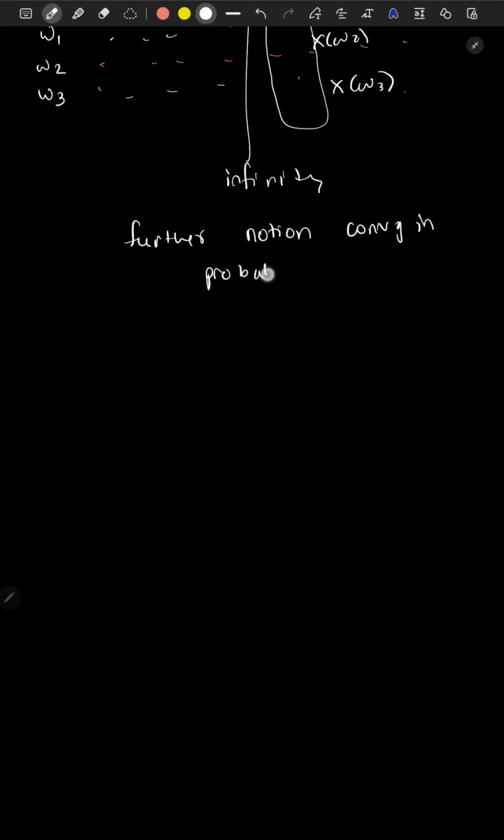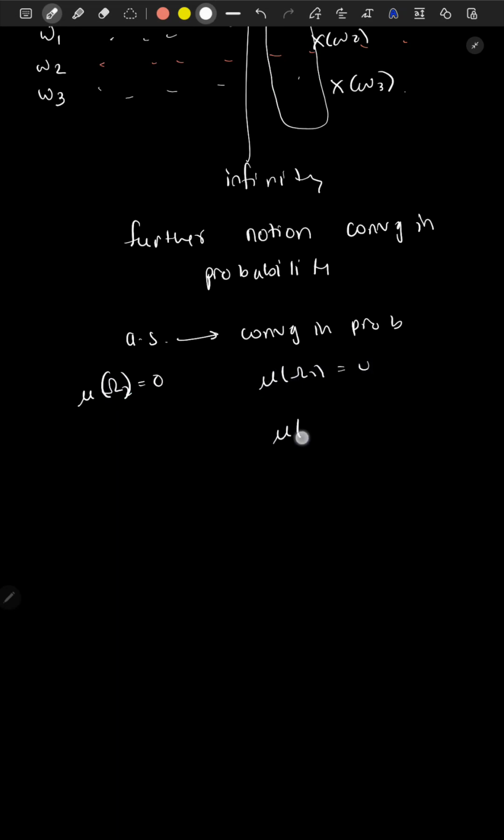As you could see from my motivation, almost sure convergence implies convergence in probability, but not vice versa, because if the measure of omega 2 equals 0, then here also it's 0. But here you need omega 2 to be 0, while omega 1 need not be 0, and hence we don't have the reverse.